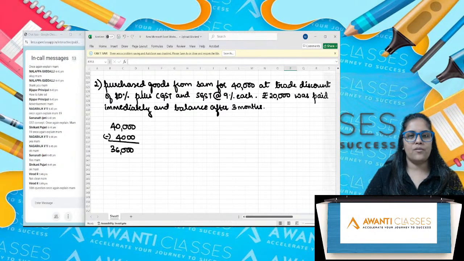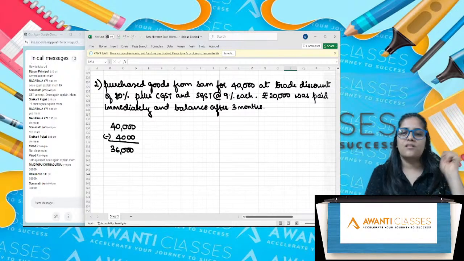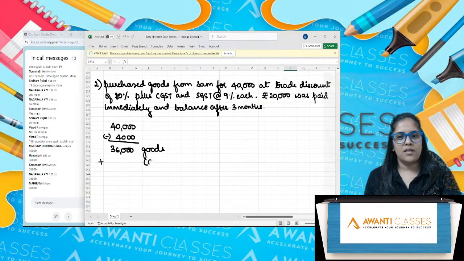Reply a little faster. 44 or 36? Very good. We have to record our purchases at 36,000. So this amount we have to pay towards goods. After that, we have to pay towards CGST and SGST.